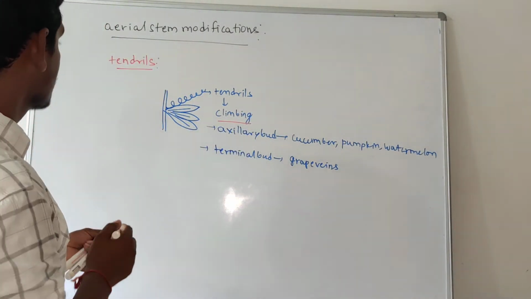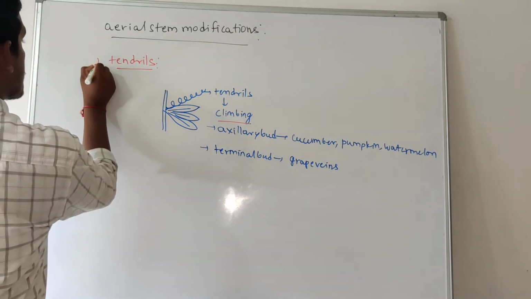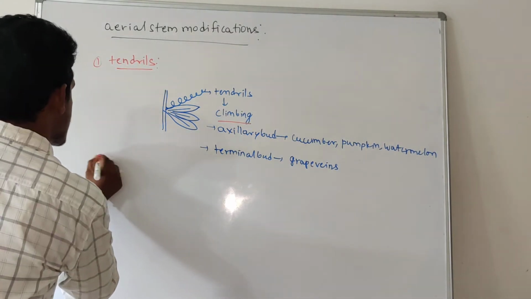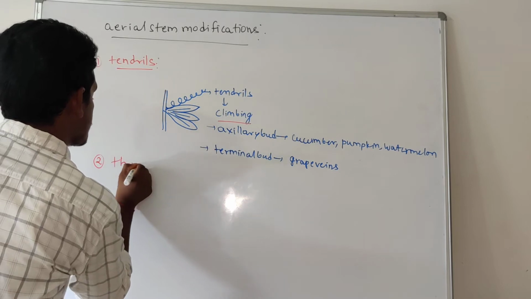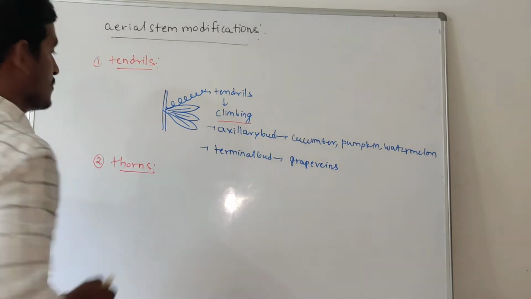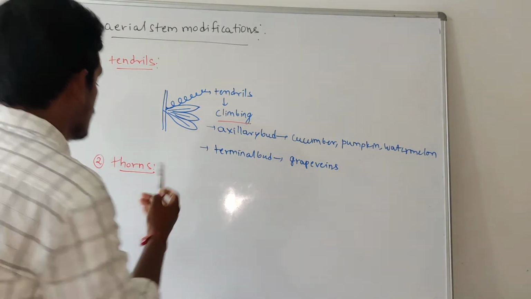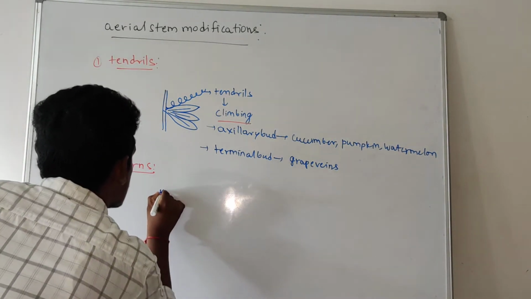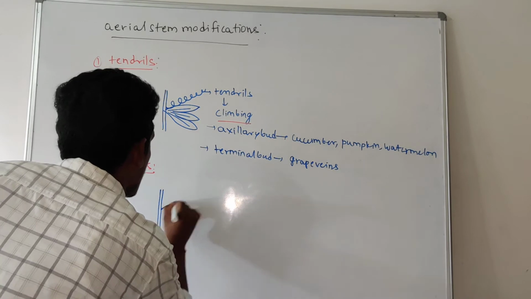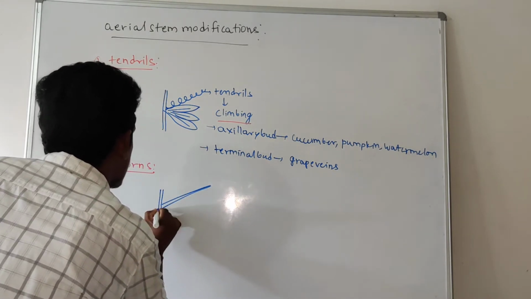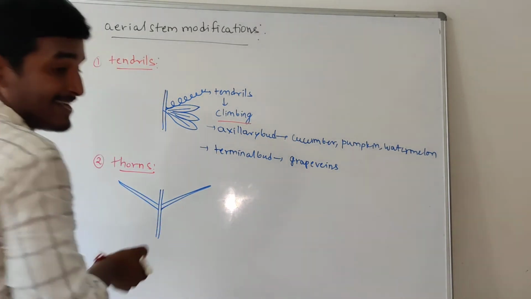So next one is thorns. What about thorns? Thorns are hard, woody, pointed structures.